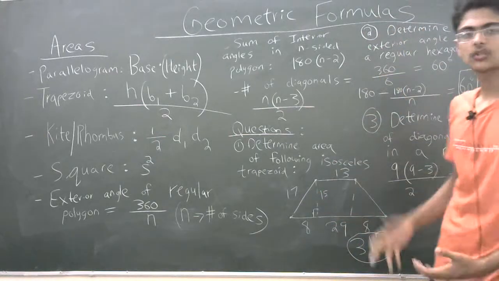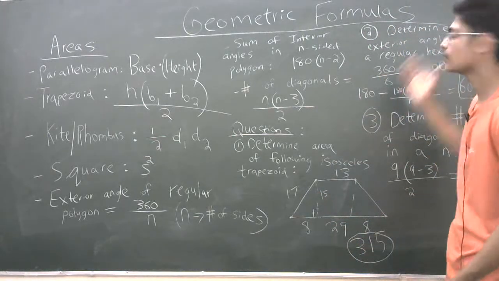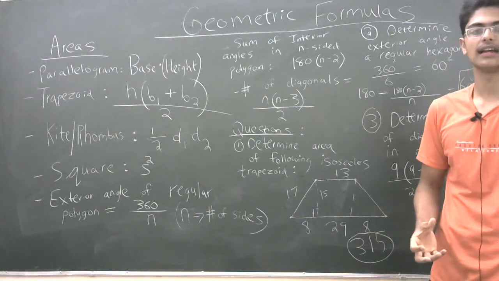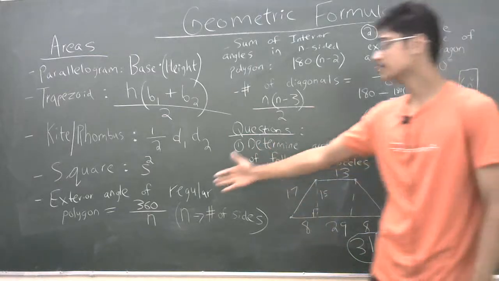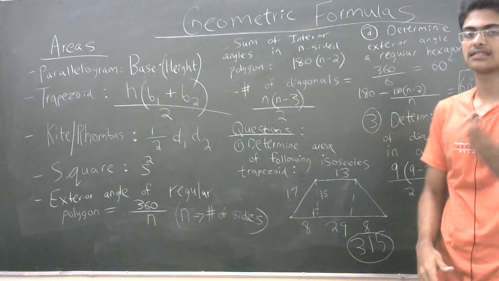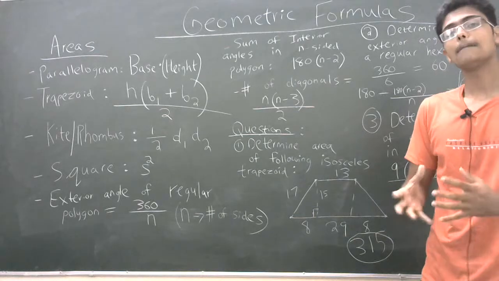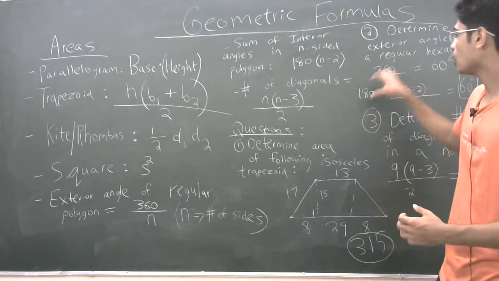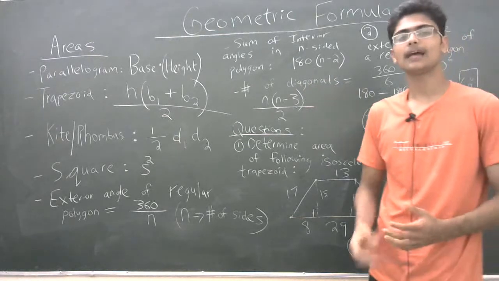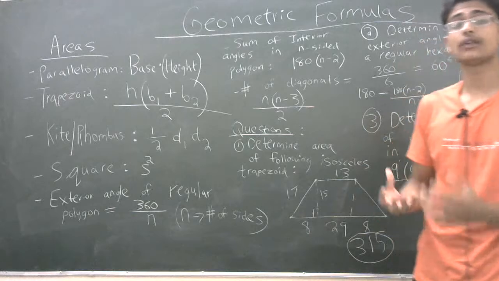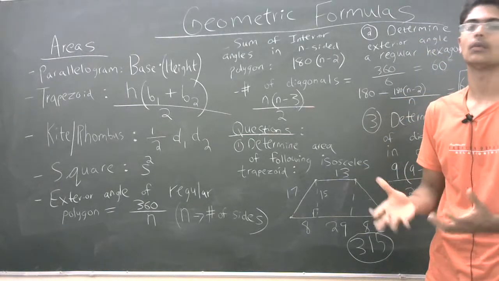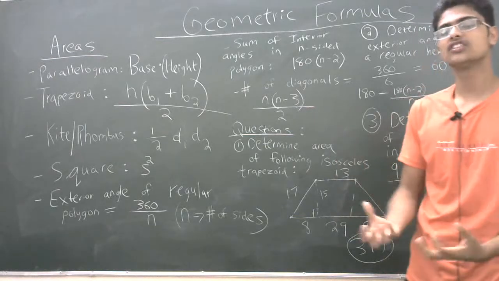Moving on to the second question, we have: determine the exterior angle of a regular hexagon. With a hexagon, you know that it has 6 sides. Knowing that the formula is 360 divided by n, you do 360 divided by 6 and you get 60 degrees. But if you look at this question and you want to use the other formula, you could still do that. If you do 180 times n minus 2, you know the sum of the interior angles of a hexagon, not necessarily regular, whatever type of hexagon, you can find the sum.